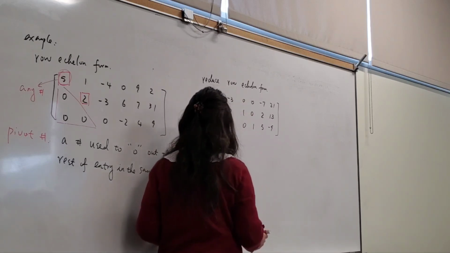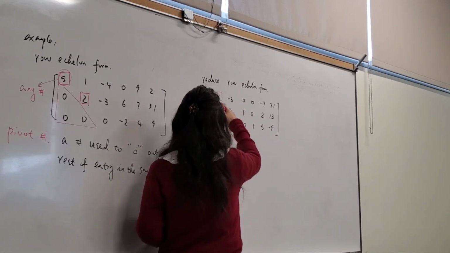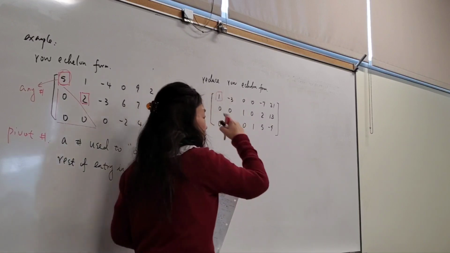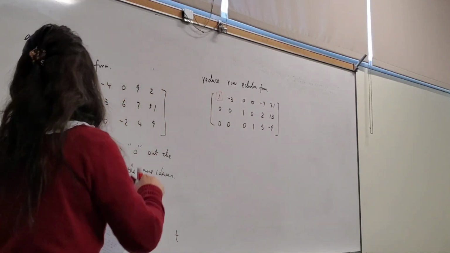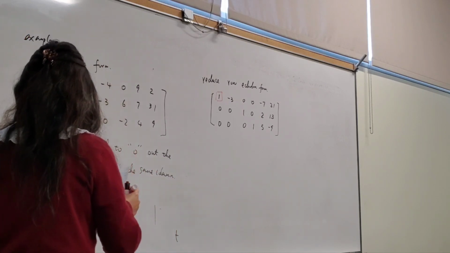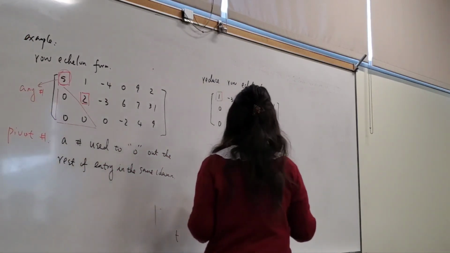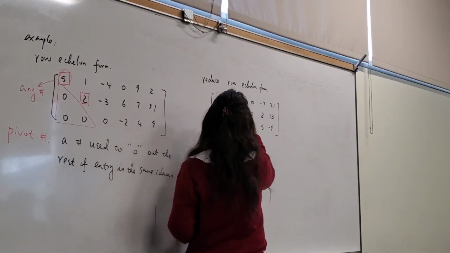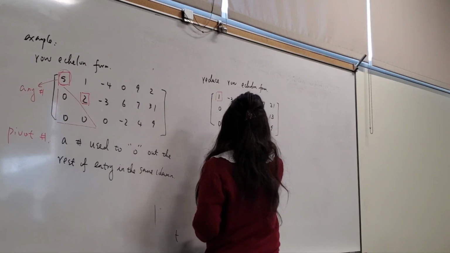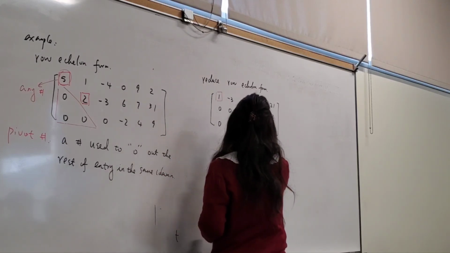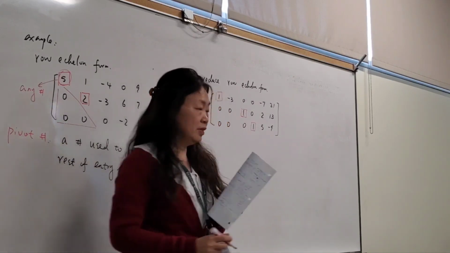The pivot points come down the stairs. Okay, pivot points come down the stairs. So 1, and then what? This one doesn't take it, so this one cannot be it. Any more? This one. So 3 pivots. Okay.